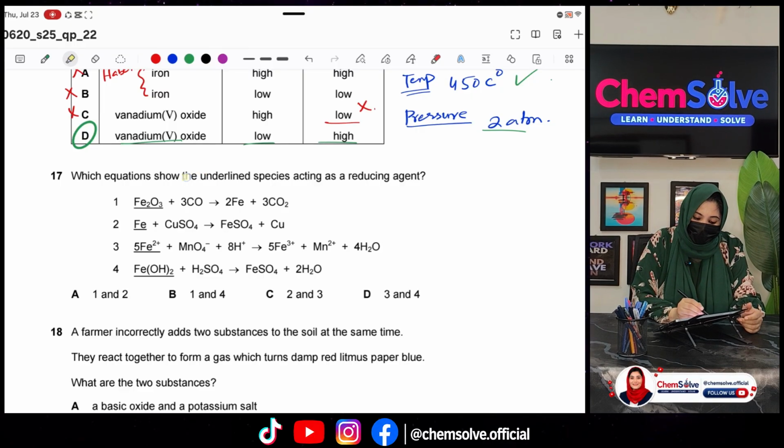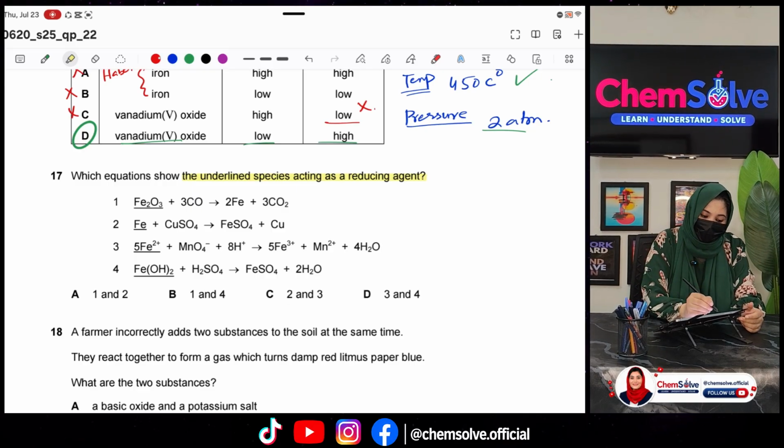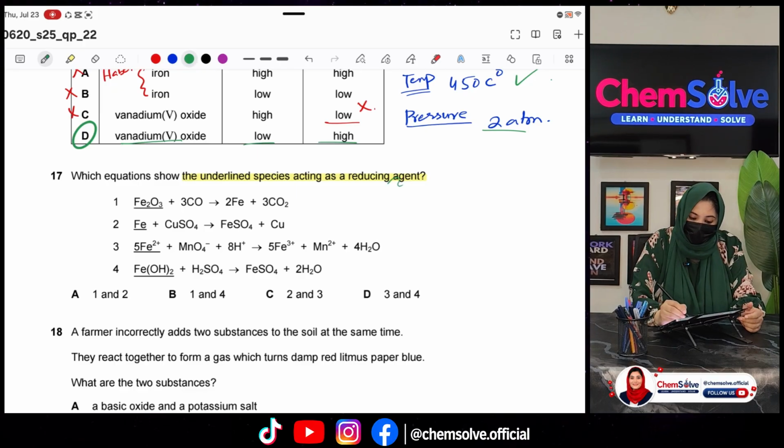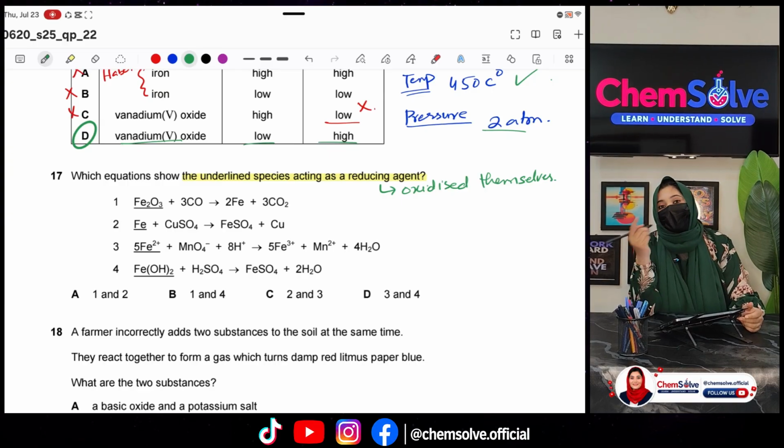Which equation shows the underlying species acting as the reducing agent? Okay, reducing agent. Reducing agents are the ones which oxidize themselves. They oxidize and they reduce the other.